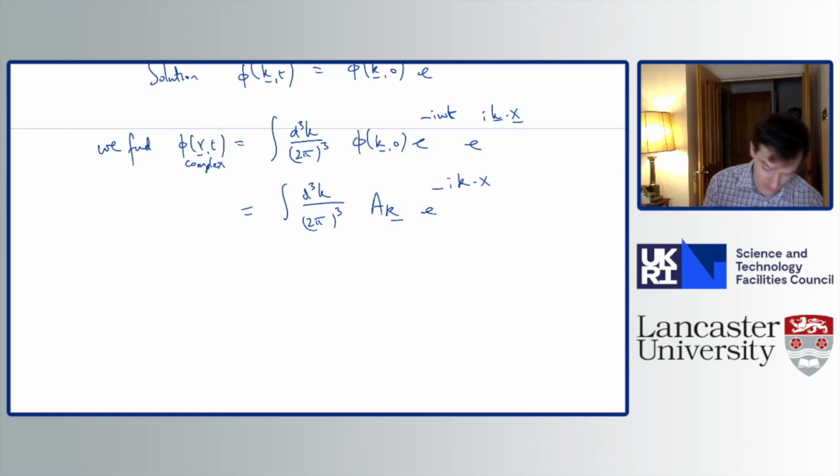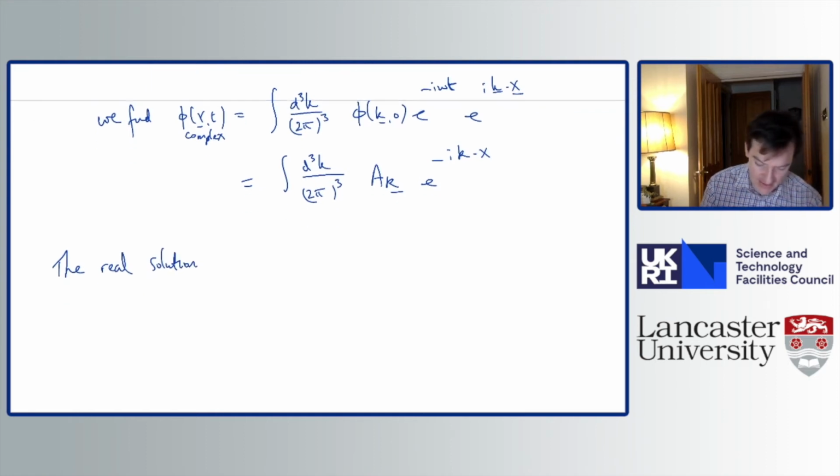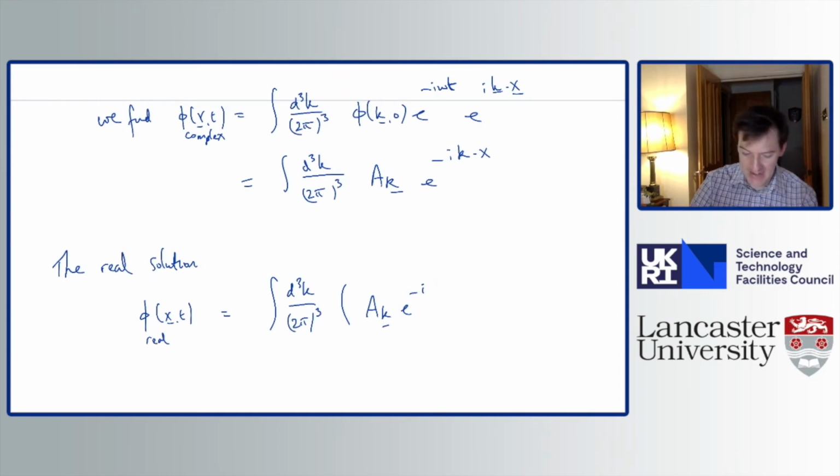So the solution which is real then is going to be the integral d3k over 2 pi cubed, and we can just add the function to its complex conjugate.